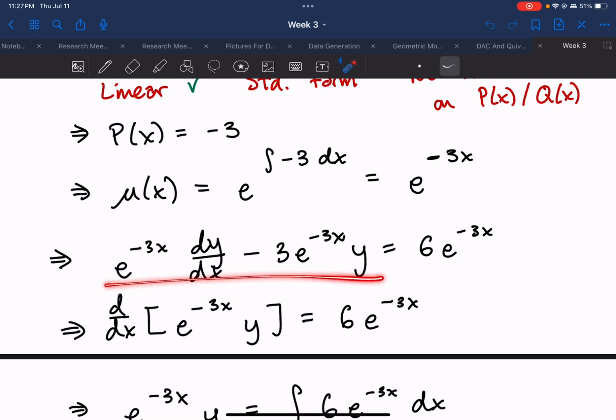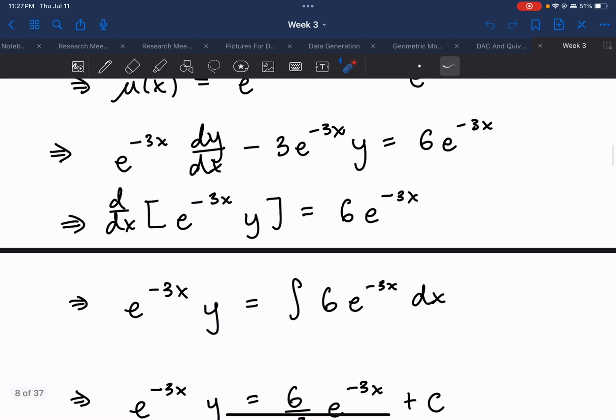Now the left-hand side, automatically I know this is the derivative of the product between mu of x and y, and that's equal to q times mu.